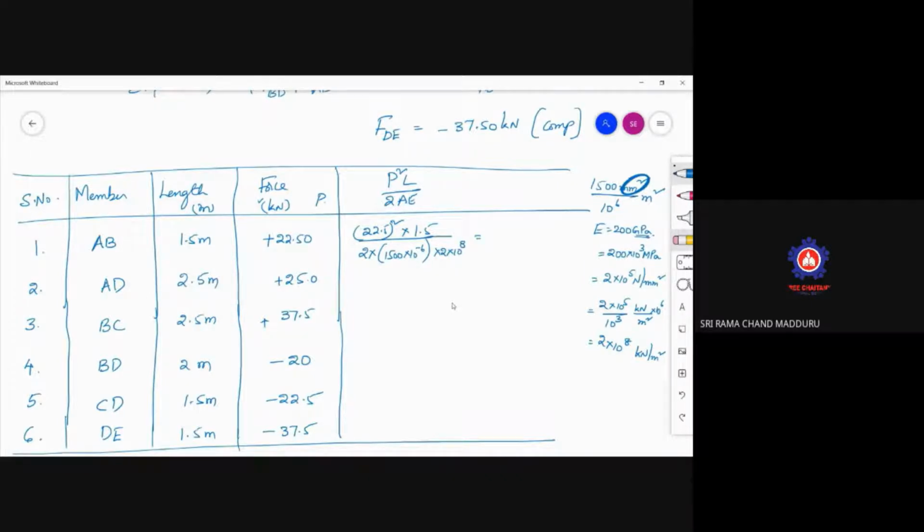What is this value? 2.5 by 2 into 1500 into 10 power minus 6 into 2 into 10 power 8. Similarly, the remaining things should also be calculated.